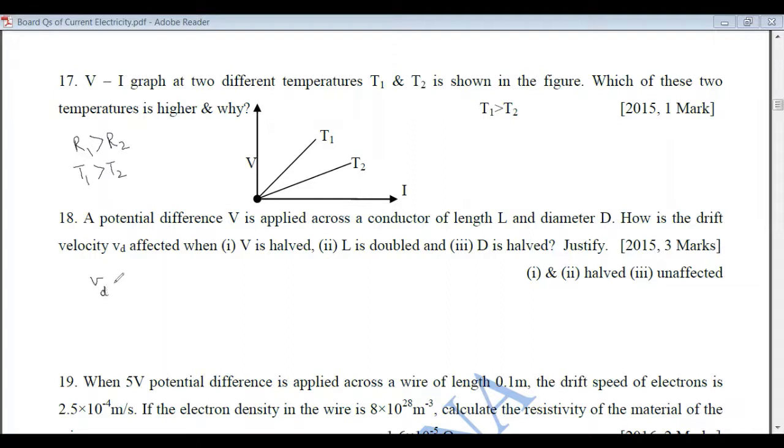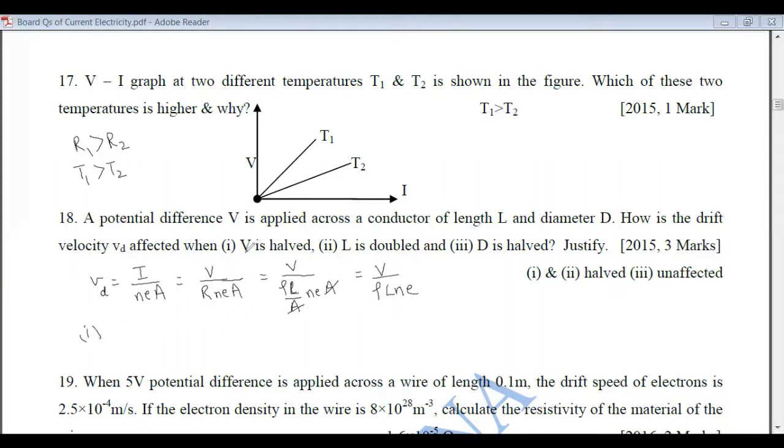We know that the drift velocity in terms of current is given by Vd is equal to I upon n, e into A. Now here we have to bring this expression in terms of potential difference, and we know that I is equal to V upon R. Also, resistance we can bring in terms of length and diameter, so resistance can be written as rho L upon A. Here A cancels out. So the expression of the drift velocity is V upon rho L n into e.